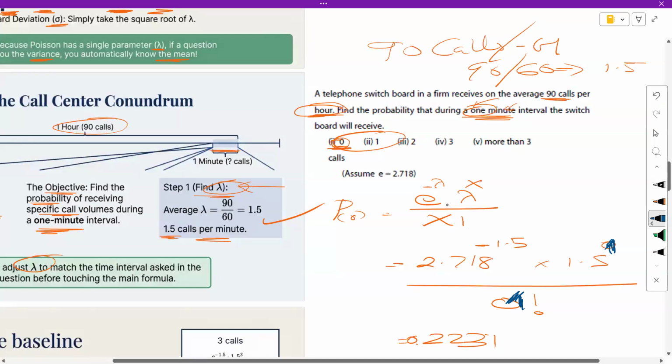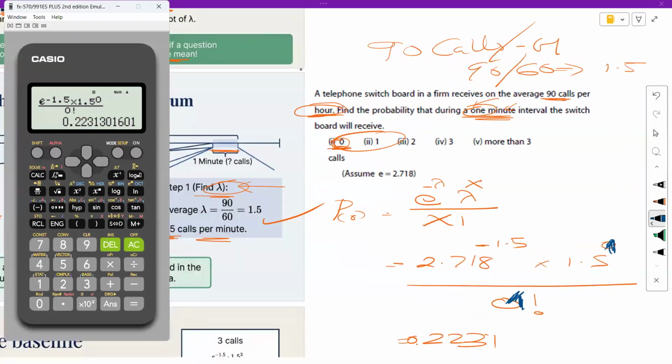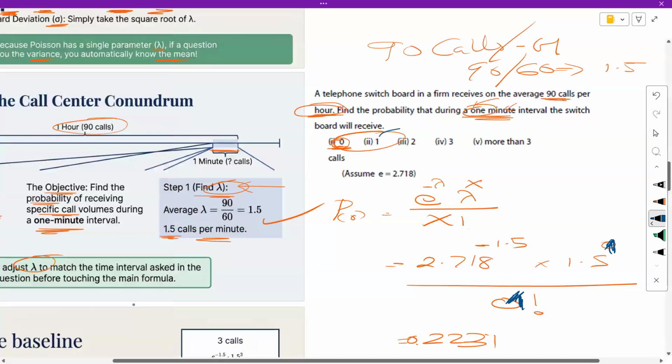In the calculator, I don't want to edit everything, I just edit it for 1 call and put 1 here. It equals 0.3347.